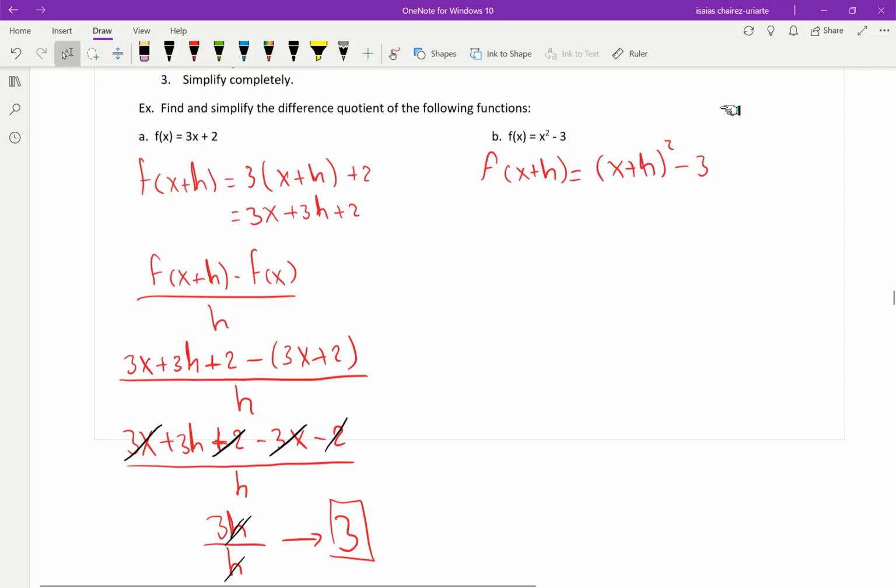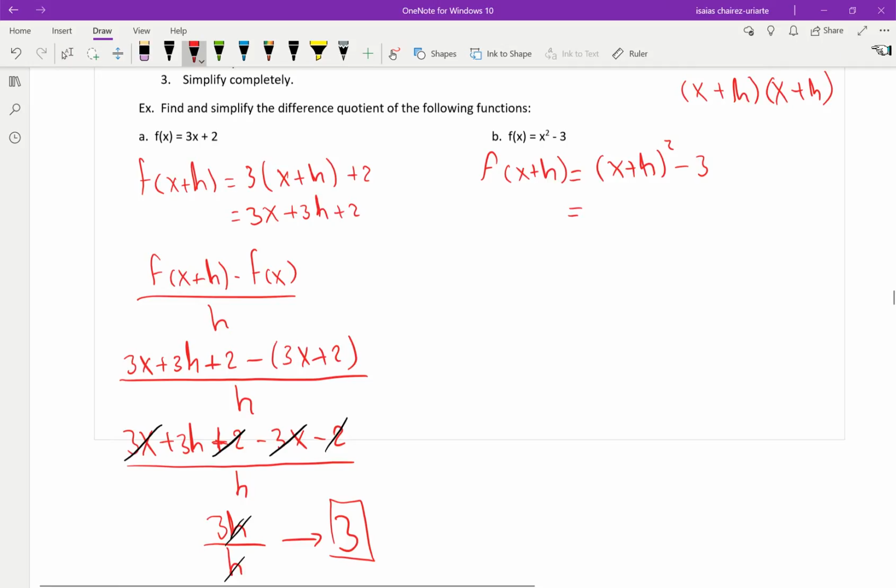Now let me expand this a little bit. I have to do x plus h times x plus h. That's what x plus h squared means. So there's some foiling that has to happen here. It's going to be x times x, x times h, h times x, and h times h.